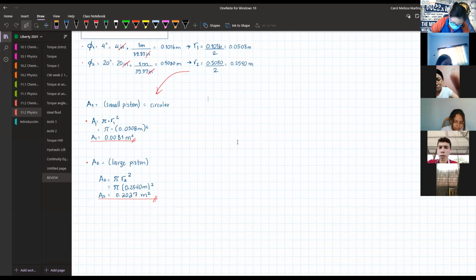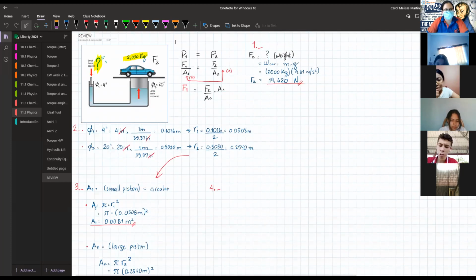Okay. So I'm going to number the steps. Step 1, step 2, step 3. Now in step 4, I'm just going to apply Pascal's principle. So I'm just going to copy this part.